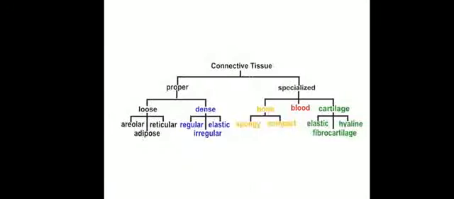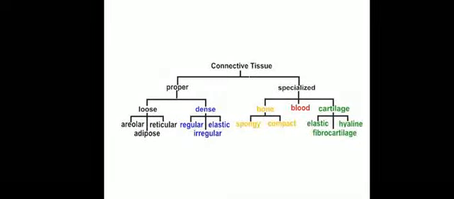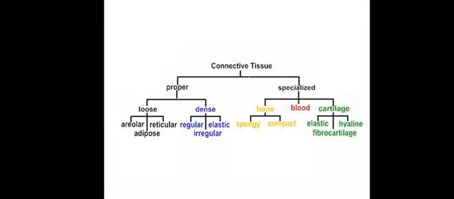Now we have the chart that shows the divisions of connective tissues: connective tissue proper and specialized connective tissues. The specialized ones include bone, a connective tissue in solid form; blood, connective tissue in fluid form; and cartilage, connective tissue in solid form.